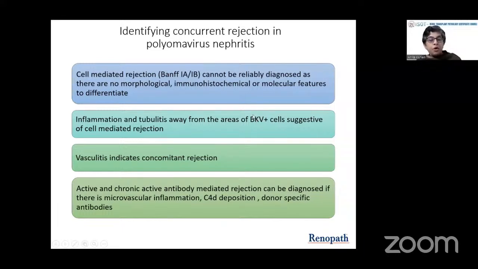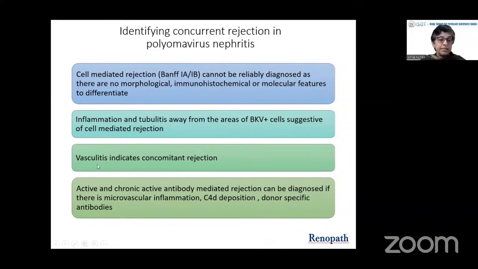That is, if your BK viruses are mostly in the medulla and you have inflammation and tubulitis in the cortex, it's likely that there is a coexisting rejection. Whereas if it's all mingled together, like in our particular case, the same tubule with the viral particles and lymphocytic tubulitis, there is no way that we can say that the tubulitis is because of the virus and not because of rejection.